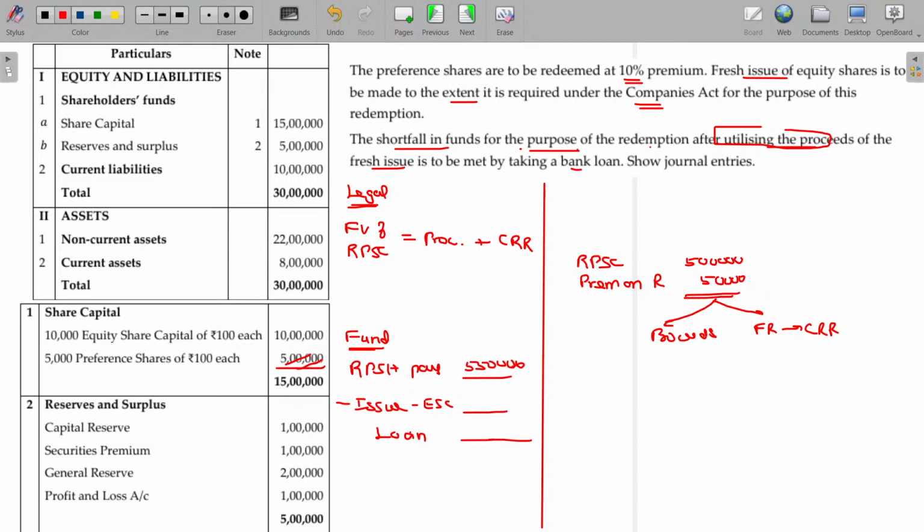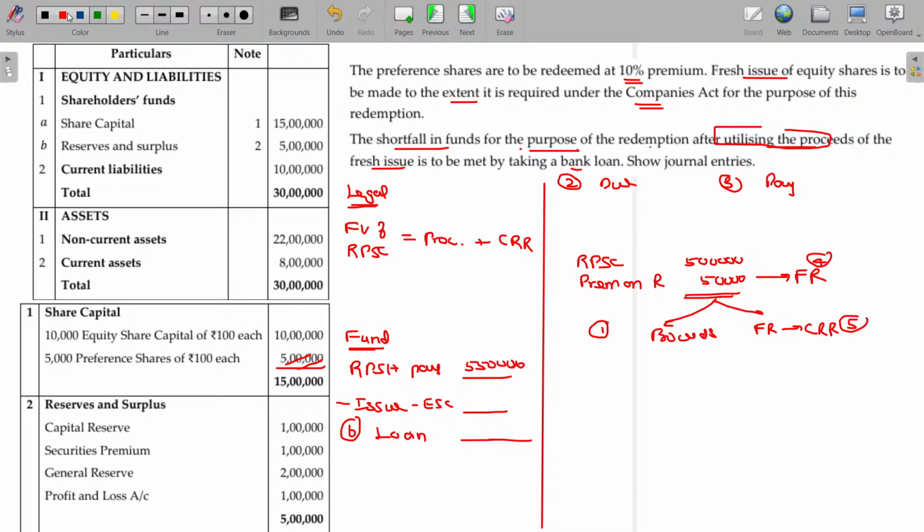As there is a loss, this loss should be adjusted in the free resource. Entry number 1, issue. Entry number 2, due. Entry number 3, payment. Entry number 4, loss adjustment. Entry number 5, CRR creation. Entry number 6, borrowing the loan. Six entries are to be passed.